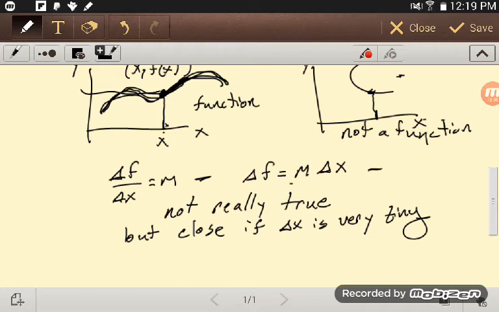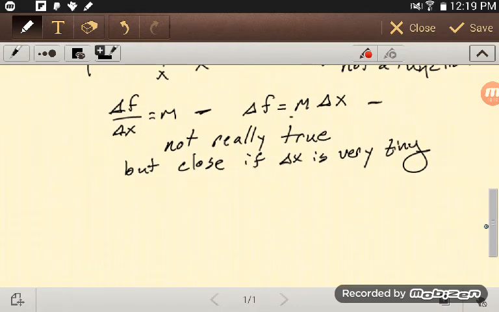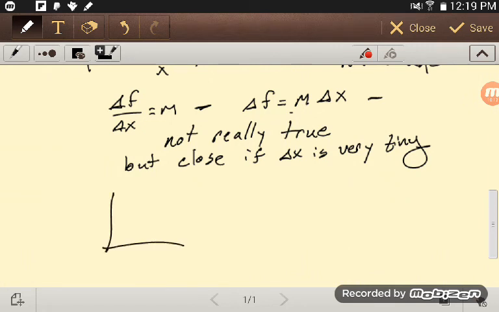And of course, if your function actually happens to be a straight line, if that's your f of x function, oh, well then they are true. But if f of x is not a straight line, then these would just be something very, very close if delta x is very tiny. And that's where we're going with calculus.